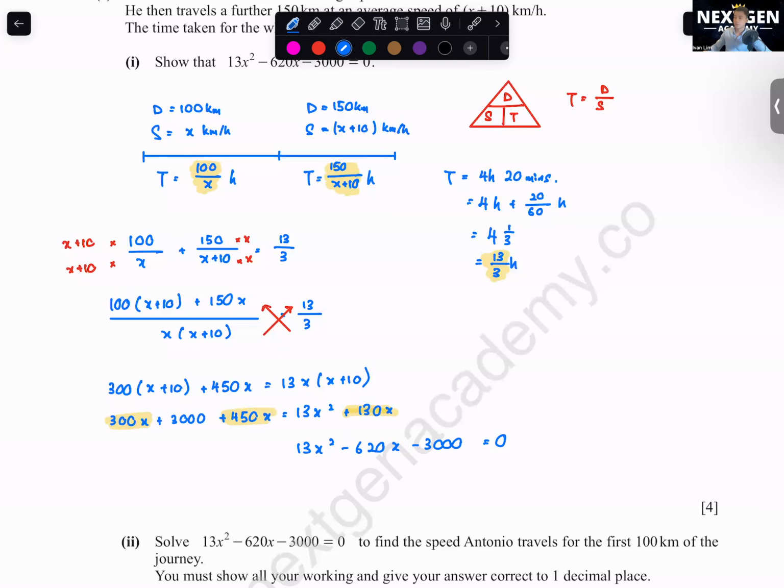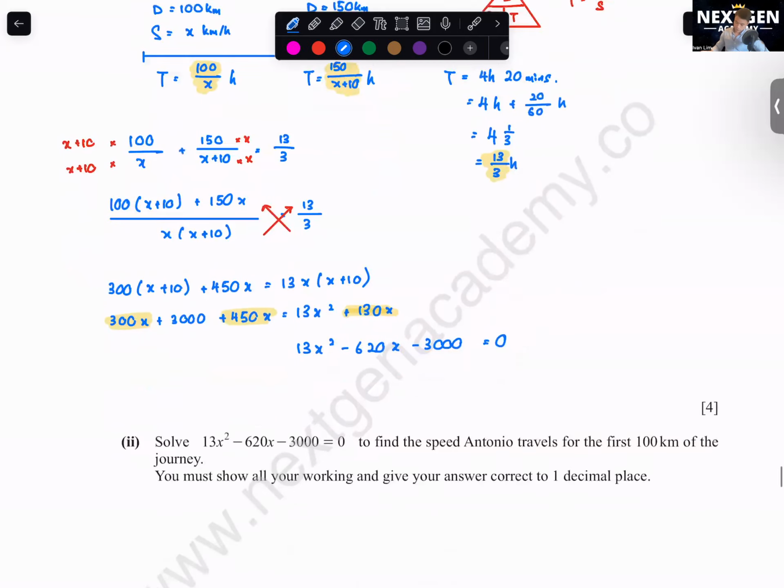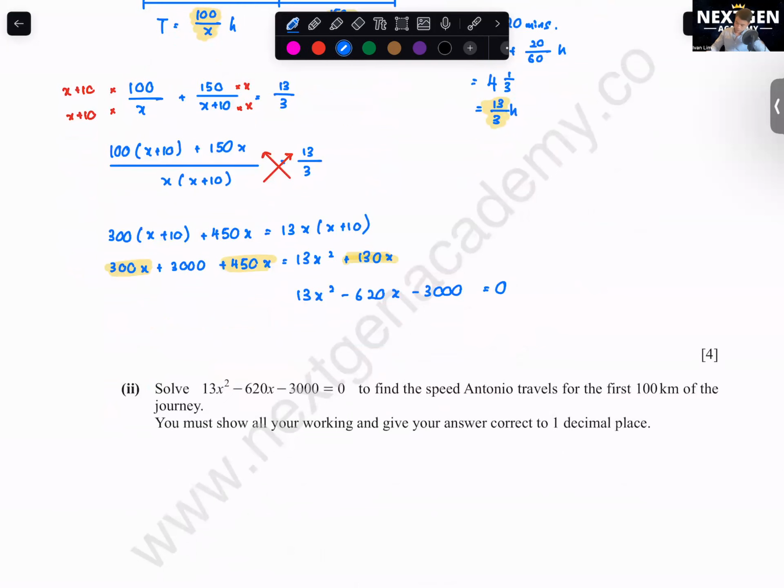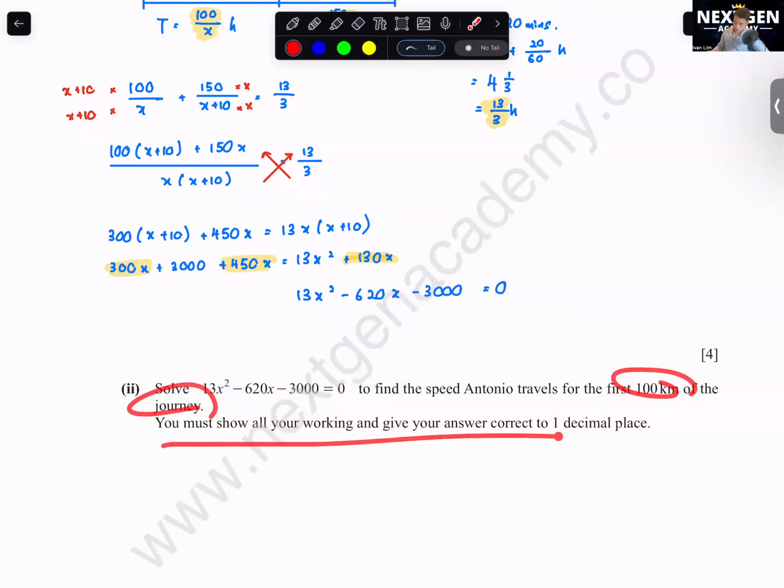Okay, next one. Now you've got this equation. Solve 13x squared minus 620x minus 3000 to find the speed Antonio travels for the first 100 km of the journey. You must show all your working and give your answer to one decimal place. This one we can straight away use the calculator to find.